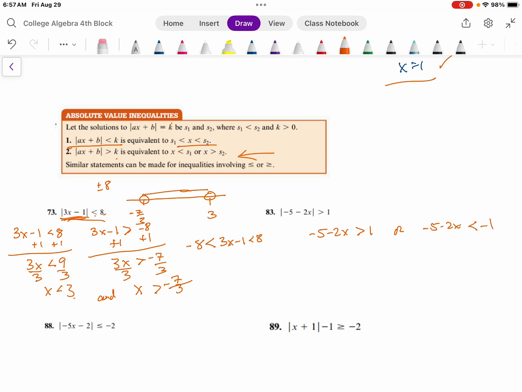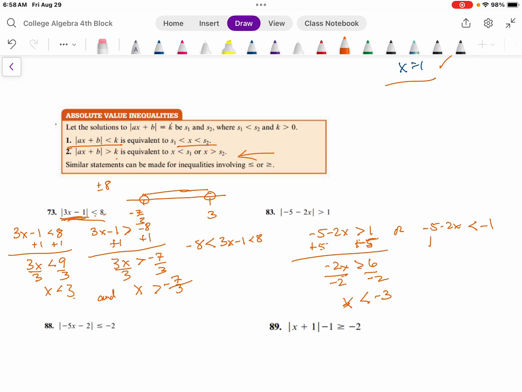And so I have to write it both ways in that statement. And then as I go to solve it, I add the 5. Negative 2x is greater than 6. I divide by a negative 2. I get x is less than negative 3. Remember, it flips over. We reviewed that in our previous section.